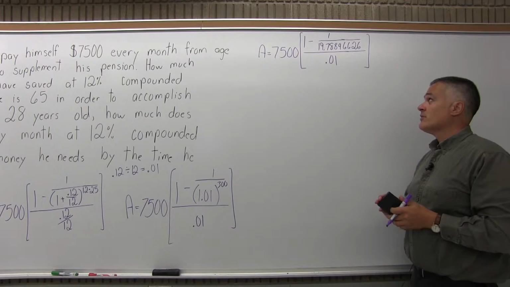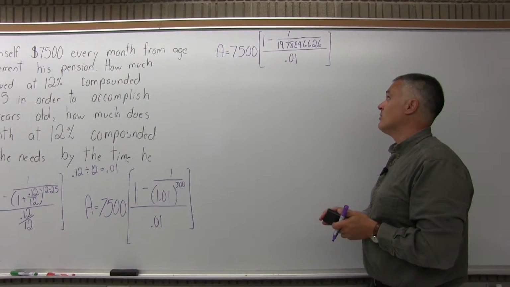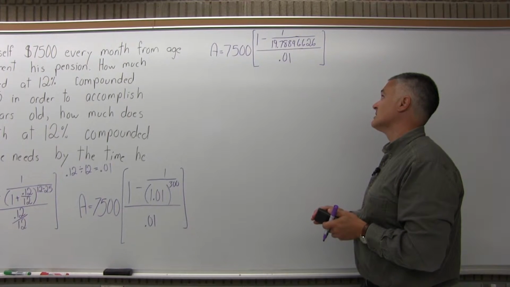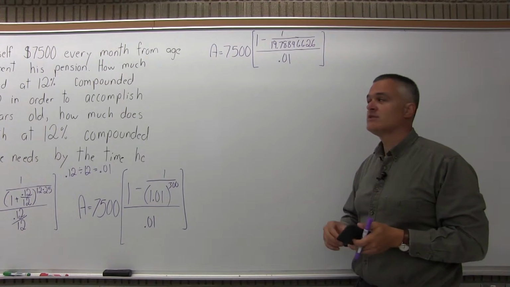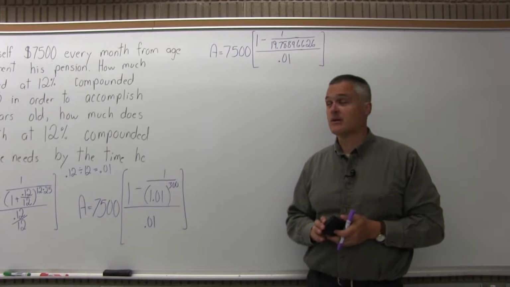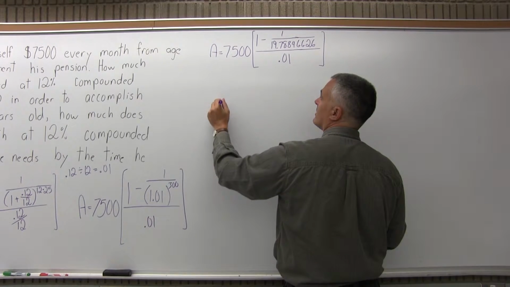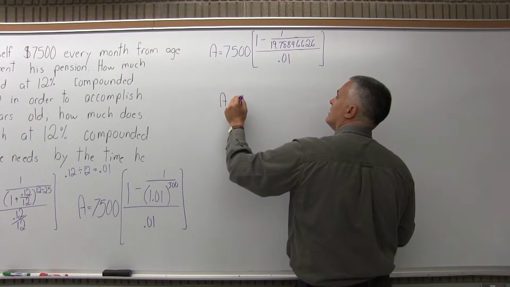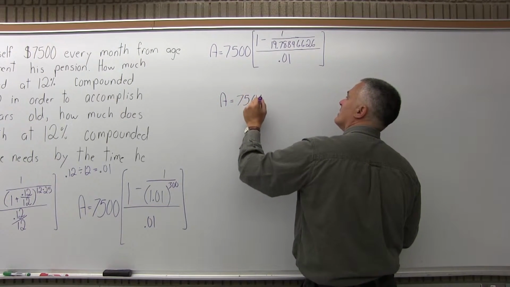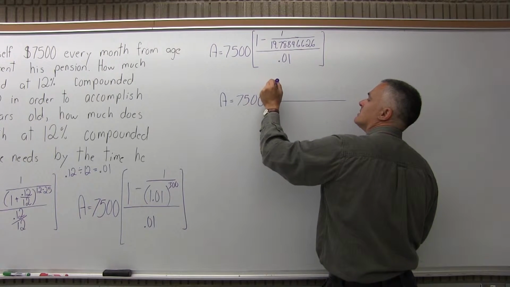So now in the numerator of my brackets, I have 1 minus a fraction, the fraction being 1 over 19.78846626. So let me do that division out. Again, to do the division, I'm going to press the 1 over x button on my calculator. You can do it a variety of ways. I think the 1 over x button is the easiest way to go. So A equals 7,500 times the brackets.